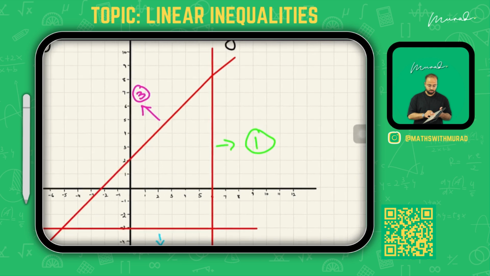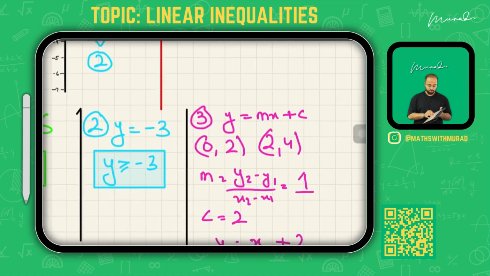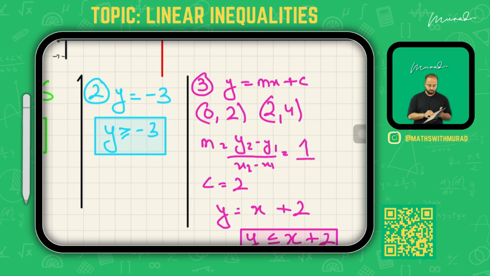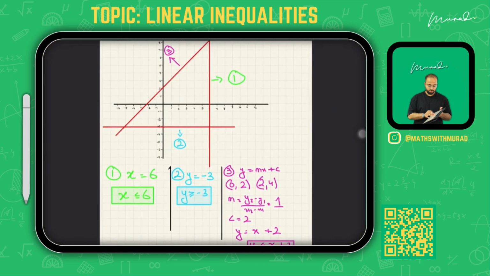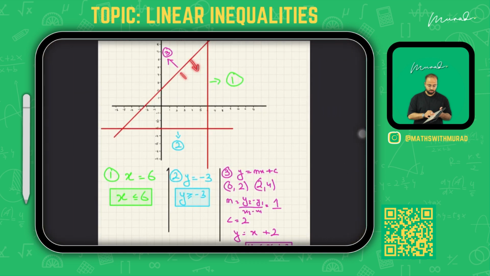So I just put the values of m and c in the formula. Instead of m, I have written 1, and instead of c, I have written its value. Now this is the main equation of this line. Again, I'll look at the region. My region is downward. Because of the solid line, I need to put an equals to sign, and because my region is downward, I'll write y is lesser than or equal to x plus 2.